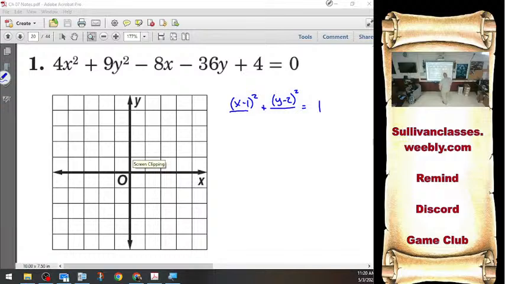So 9 times 16 is 144. 144 minus 4 is 140.